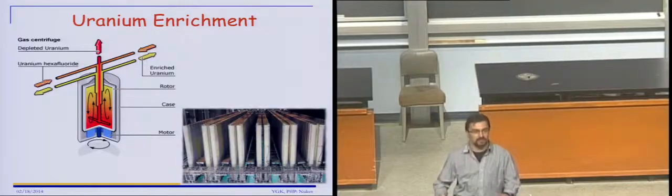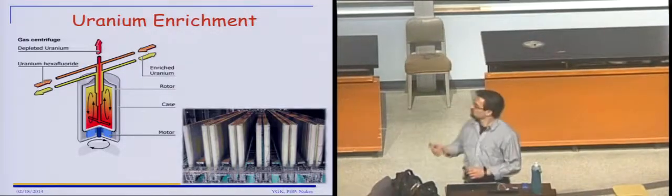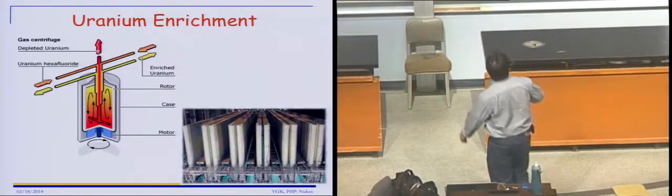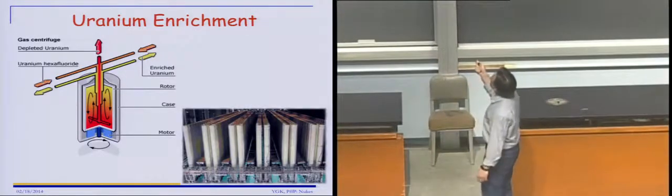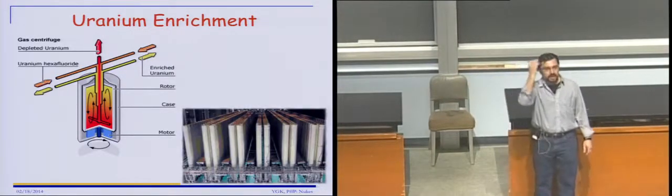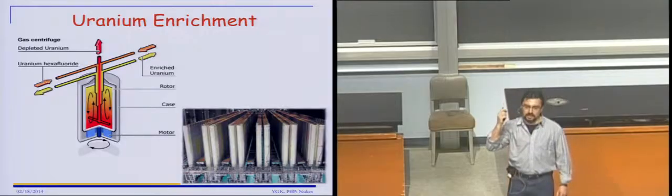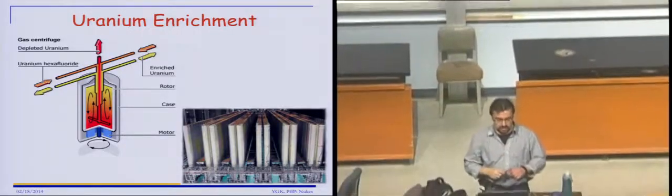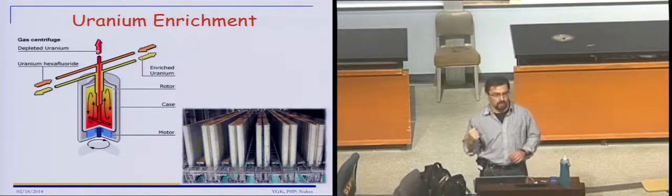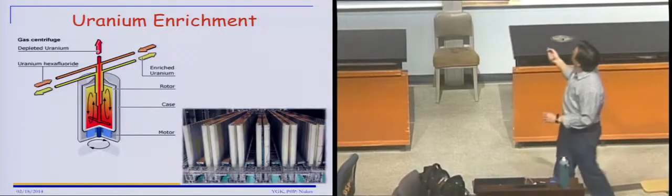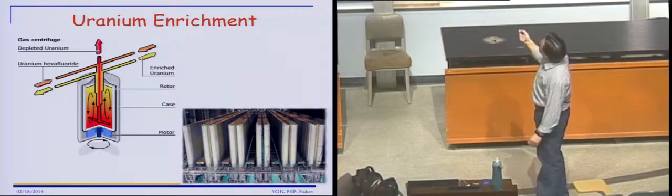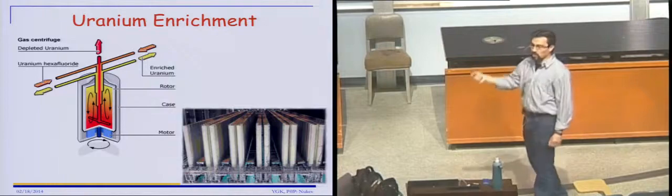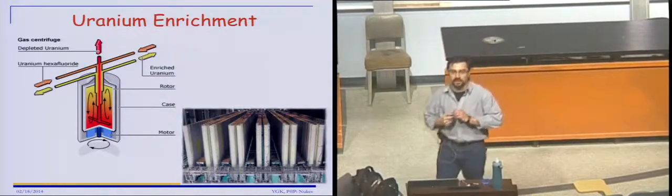And one can argue how honest that statement is. But this is how the centrifuges work. So there are actually 3 types of enrichment facilities. The centrifuge is the most common. It's kind of easiest to make. What happens is you take uranium ore, so-called yellow cake.